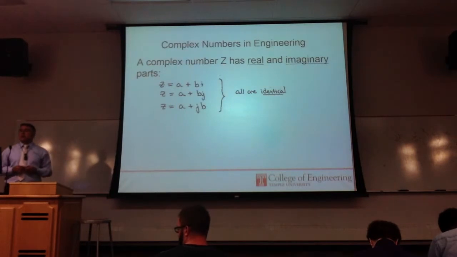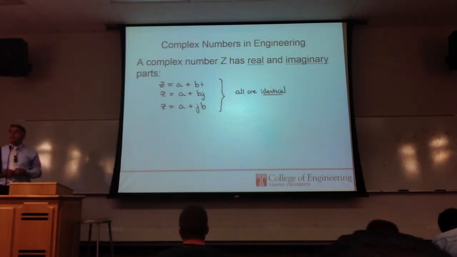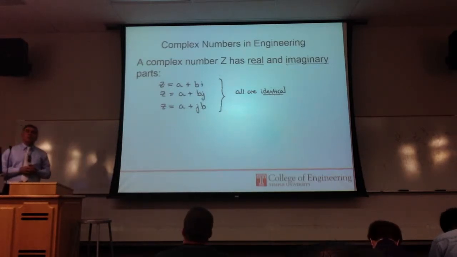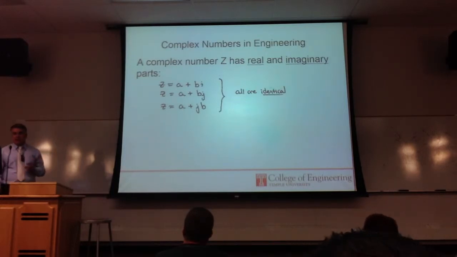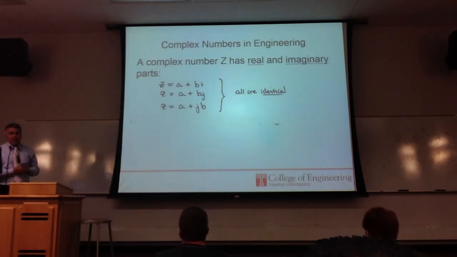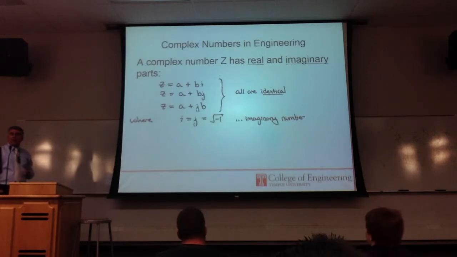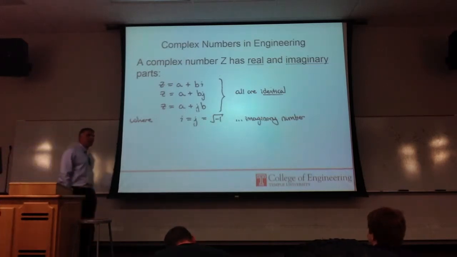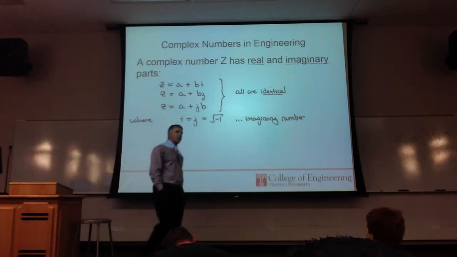That is three ways that we are describing a complex number. So far so good. But what is J? Somebody said that I and J are basically the square root of minus 1. How on earth can we have a square root of minus 1?